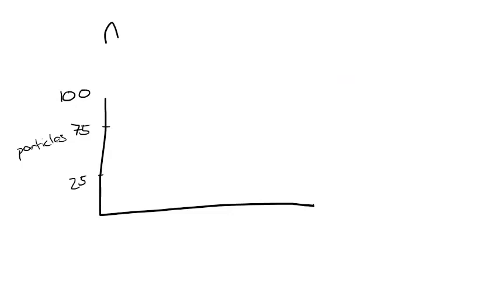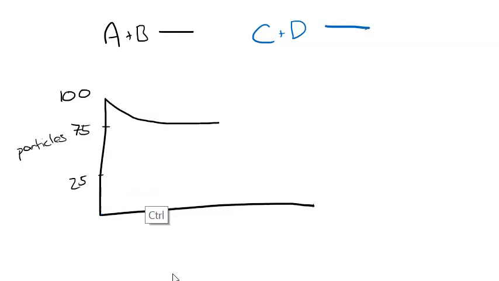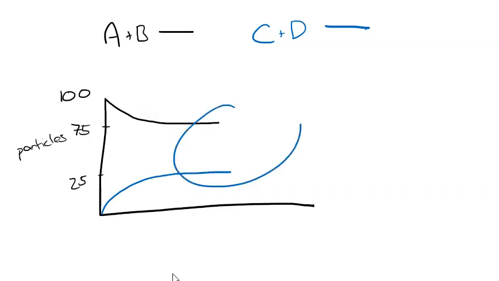If we start off with A and B, shown by a black line, we're going to see that it starts to get to 75, and then if we have C and D, shown by a blue line, then that will quickly approach, at the same rate, 25, and then they'll continue on like that. So at this point here, we are at equilibrium.